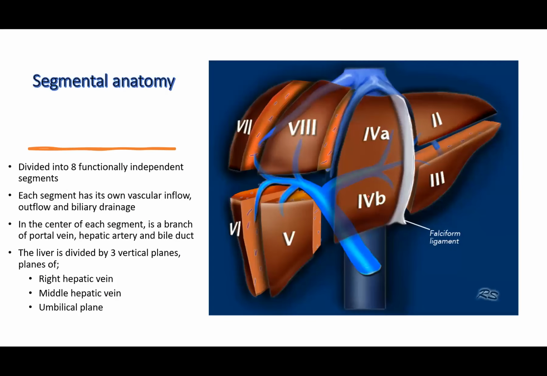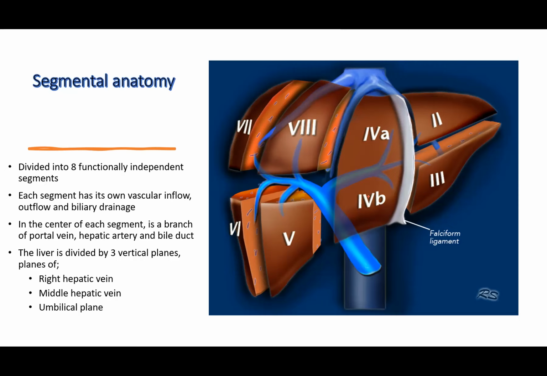Okay, now let's talk about the segmental anatomy of the liver. Now, you should know that the liver is divided into 8 functional independent segments. Each segment is independent in that it has its own vascular inflow, outflow, and biliary drainage.